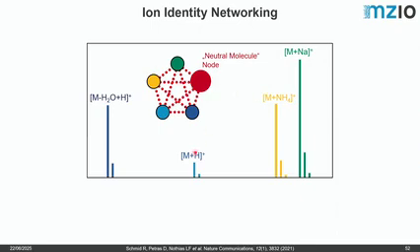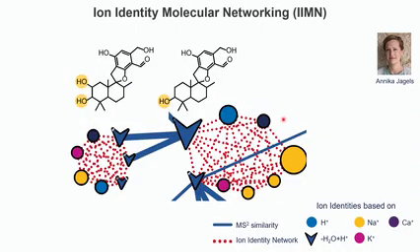For example, we may have redundancy by having the M plus H and also the M plus ammonium and also the M plus sodium ions in there. And this basically means that the same information for a compound is represented by different features, but this allows us to get rid of that redundancy and be less cluttered in the molecular networks.